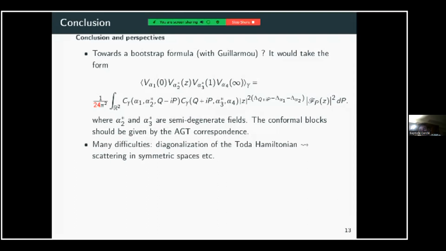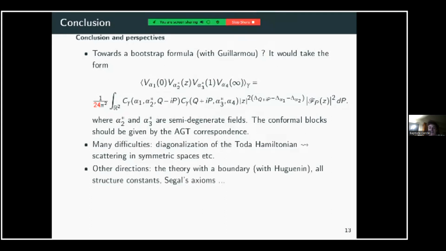Actually, from the point of view of scattering theory, the diagonalization of the Hamiltonian is really complicated. It's a bit of a mess, but it's really interesting since it involves scattering on symmetric spaces. And after this bootstrap formula, there are still, of course, many other problems to be studied in this Toda CFT.